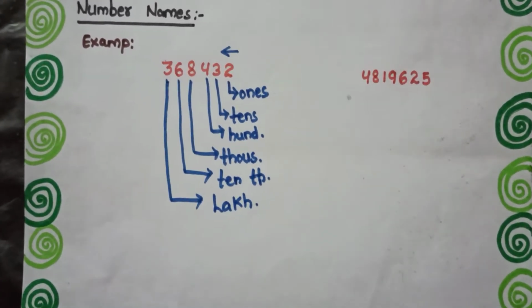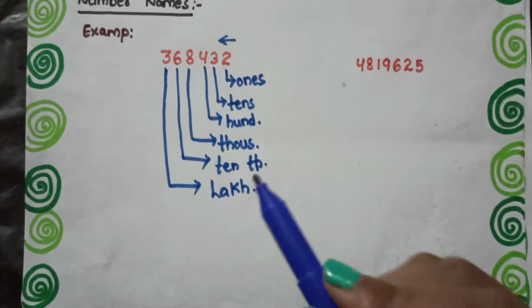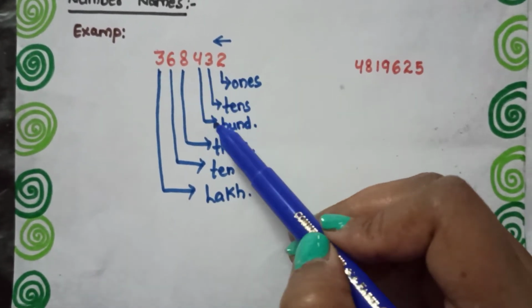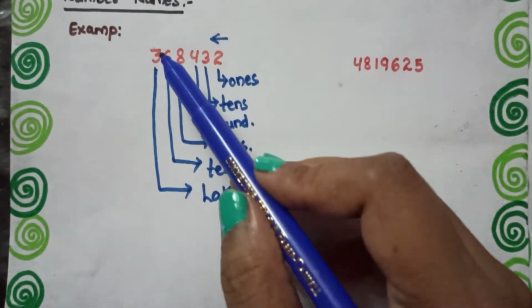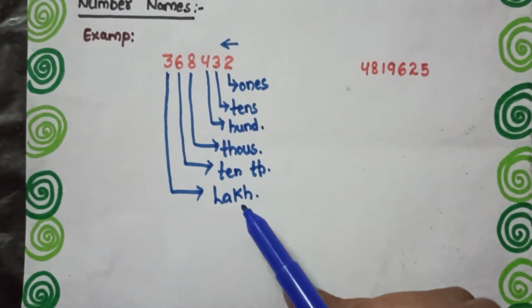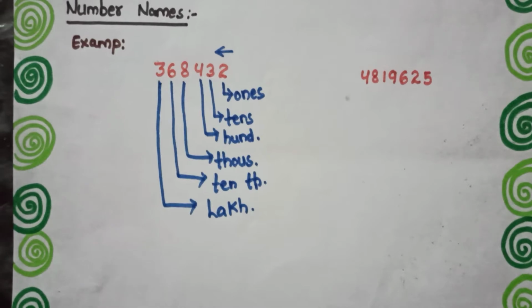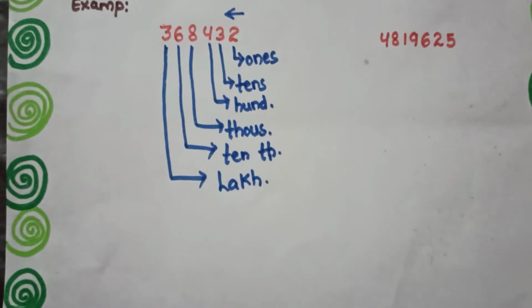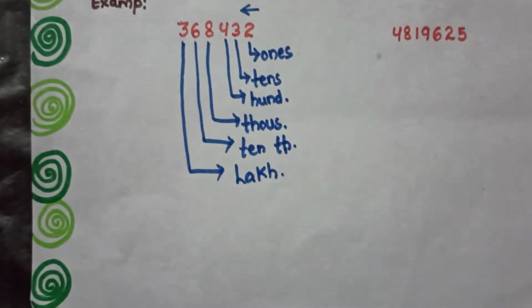Okay. Once again, first ones, then tens, then 100, 1000, 10,000, lakh. Okay. So what will be the number name of this number?